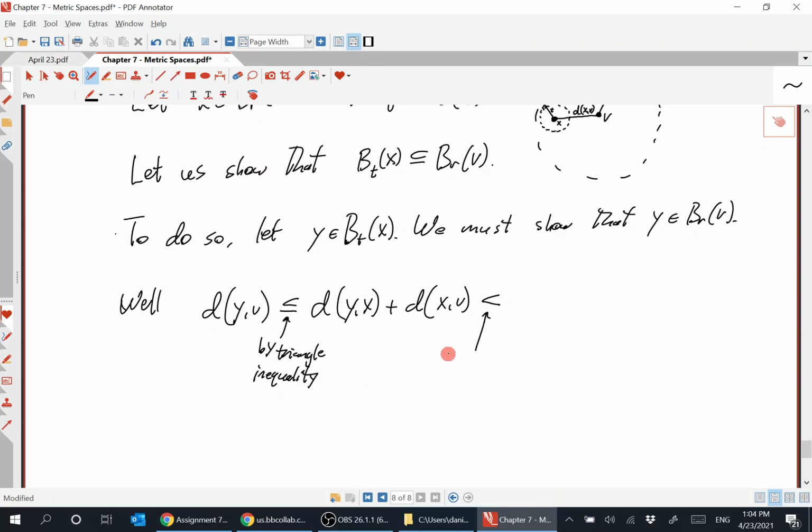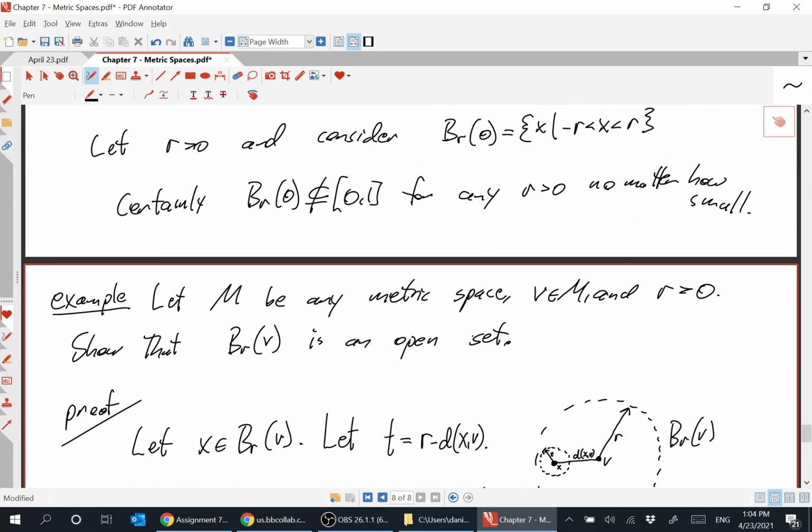Well, because Y is an element of the ball of radius T around X, this is what? Less than T. Just T, right?